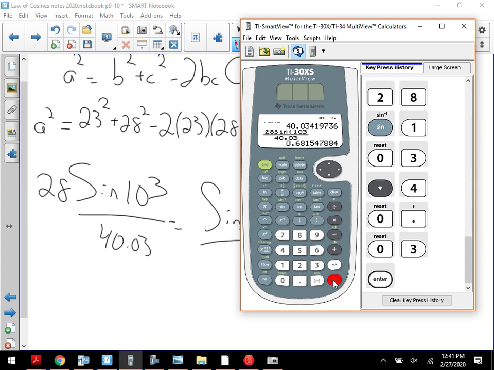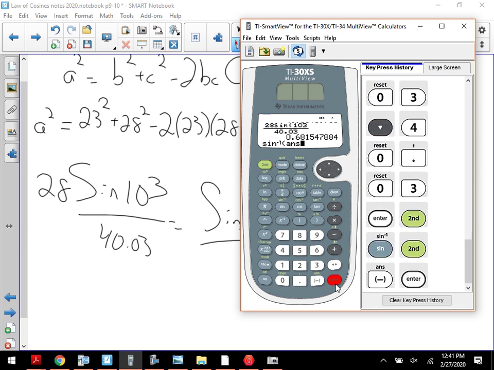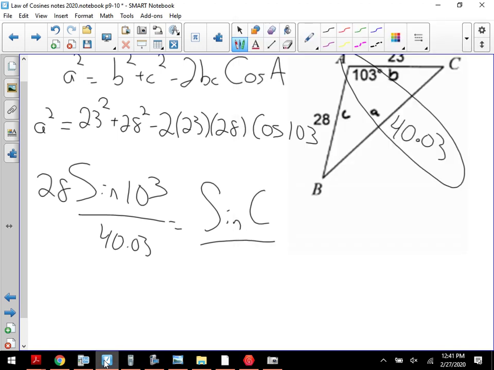Crummy decimal is the sine of an angle. Anytime you're trying to find an angle, that's when you always have to use the inverse function, whether it's sine or later on when we did the cosine ones, we still did the same thing. Second, sine of answer. And it gives us our next angle at 42.96.